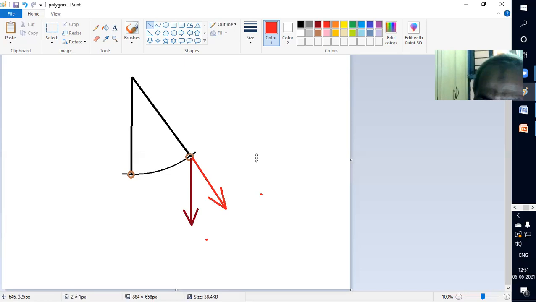In addition to that, I'll take another vector in this direction. See, first let me declare here this green color line is acting as a tangent to the circle. You are seeing here the green color vector.